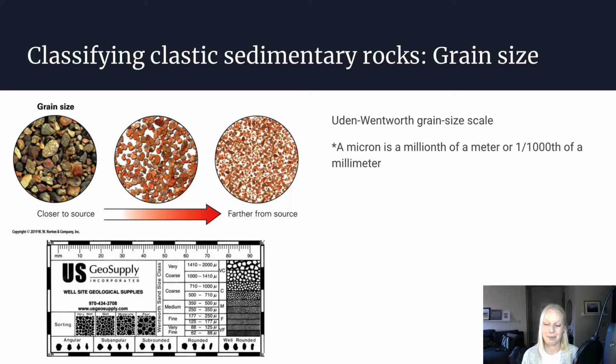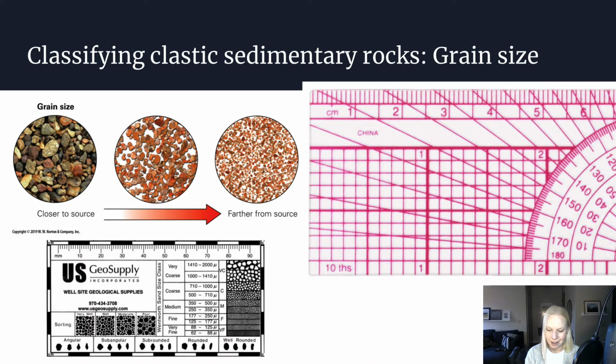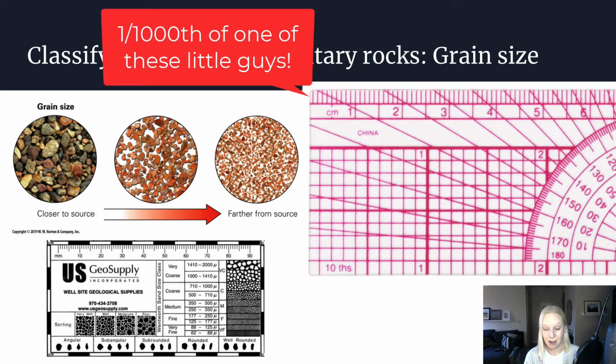If I'm looking at my ruler again, you might want to grab yours so you can get a visual idea of what a micron is. You want to see if you can identify a millimeter on your ruler. Okay, I found a millimeter, so it's 1/10 of a centimeter, and a micron is 1/1000th of that.